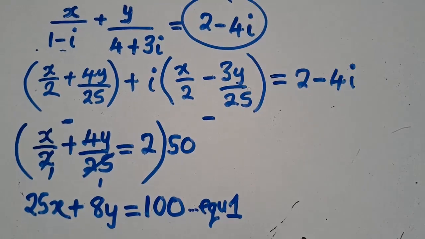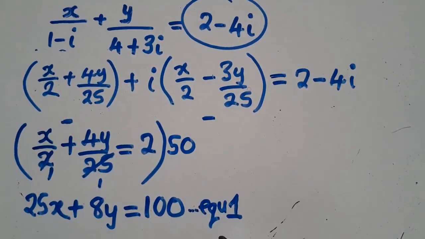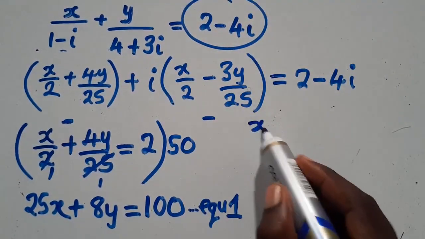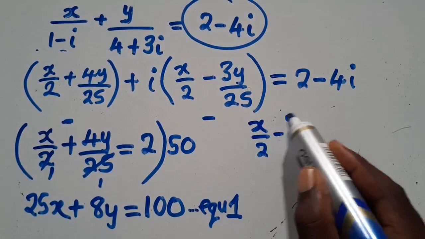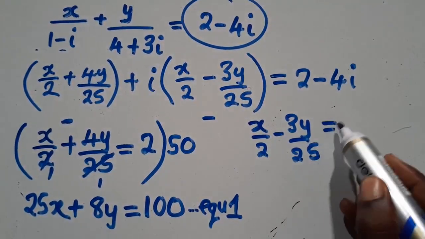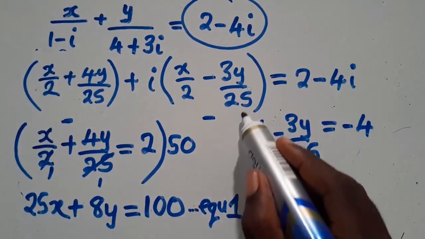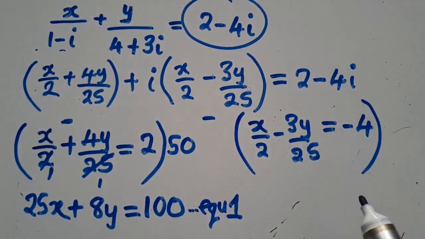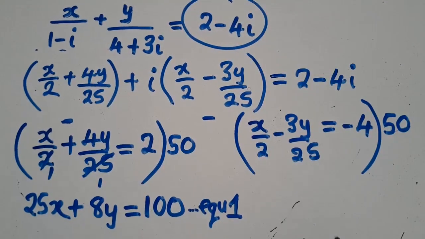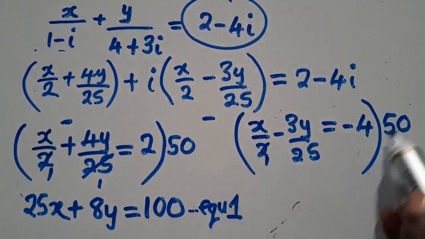Then we move to the imaginary part. What is the imaginary part? The imaginary part is x over 2 minus 3y over 25, which is equal to negative 4. These are fractions, so we also multiply throughout by 50.